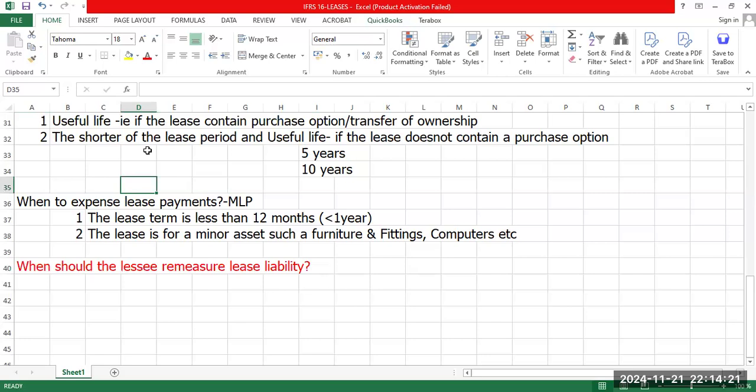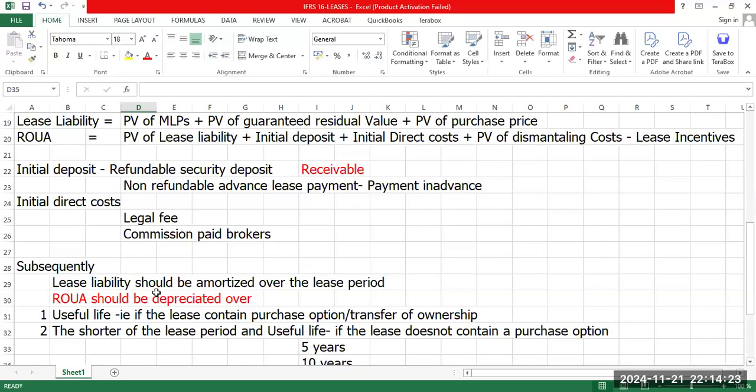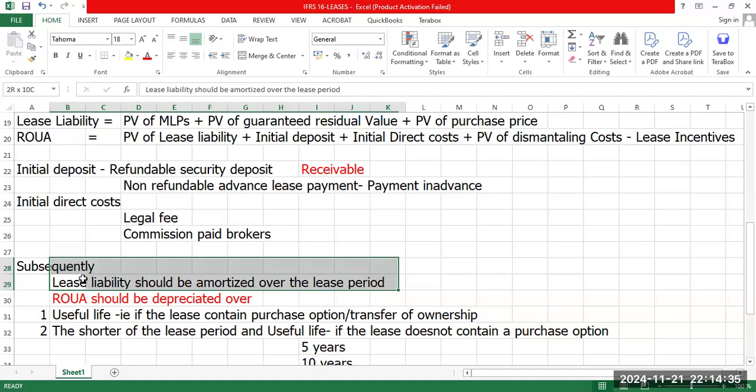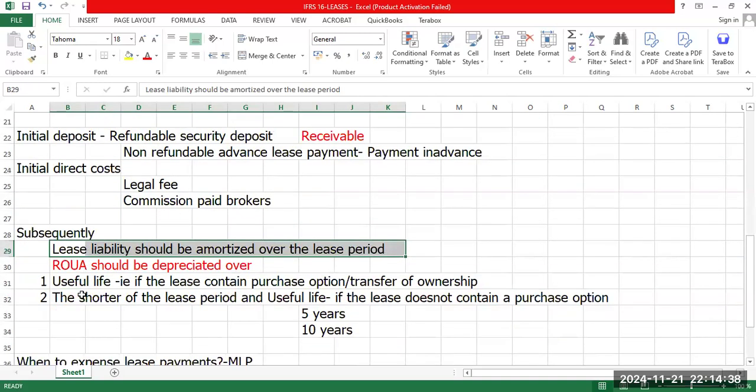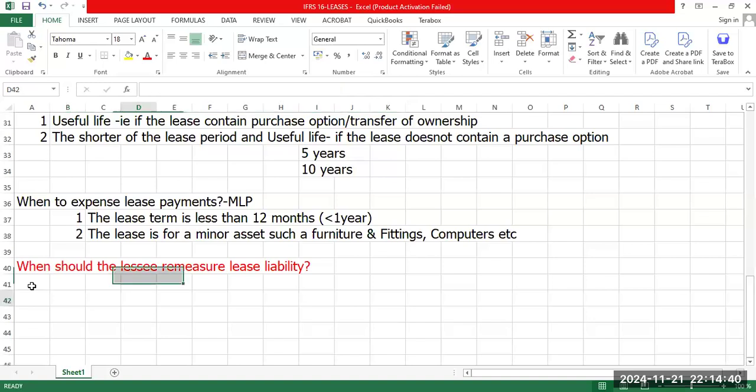Because colleagues, we said subsequently lease liability should be amortized over what? Over the lease period. But we have a situation where you will need to remeasure your liability. And you can remeasure, you as a lessee, you are the customer, if there is, number one, what?